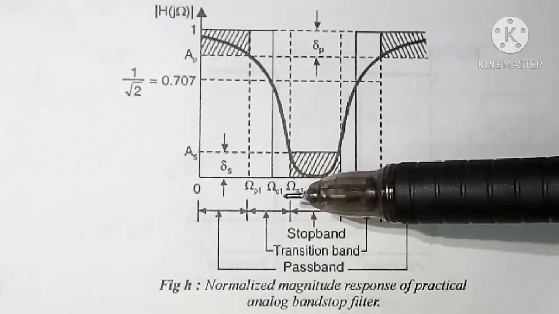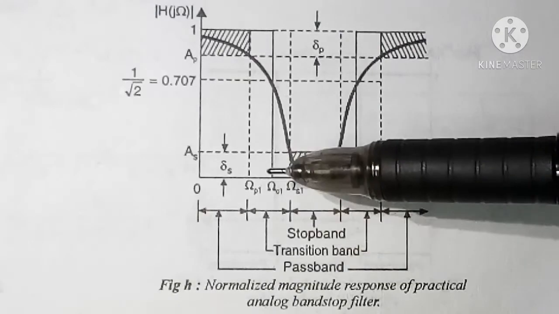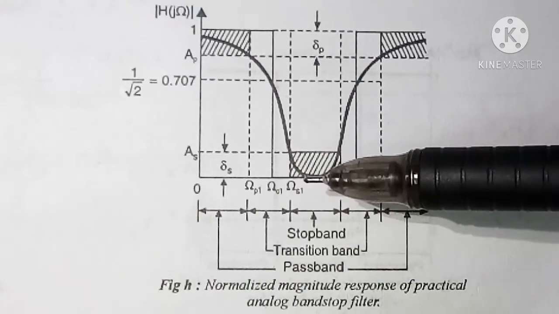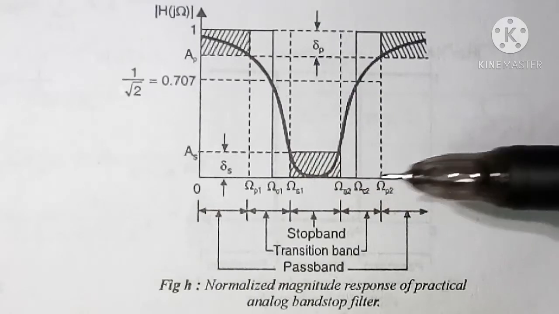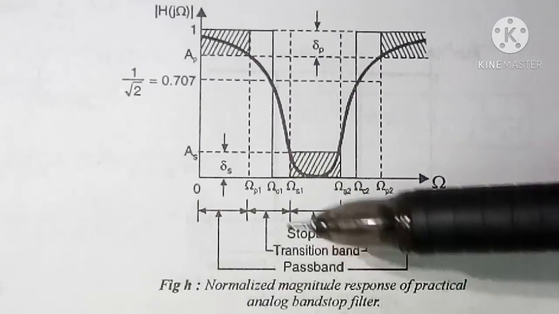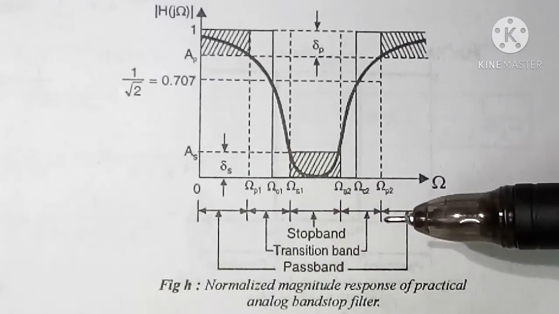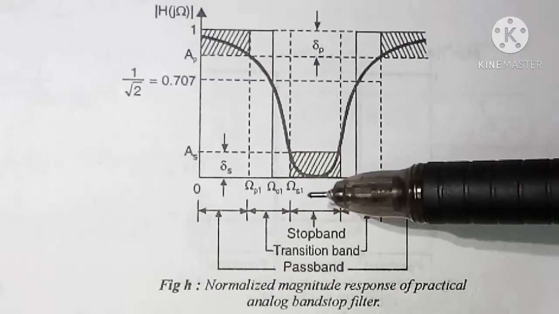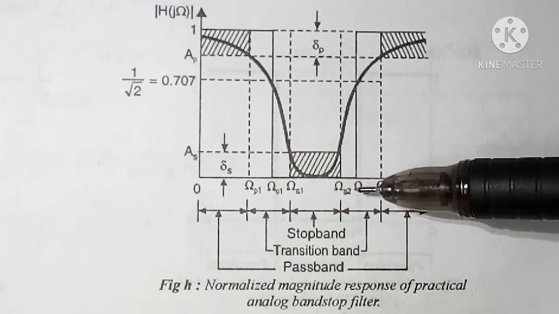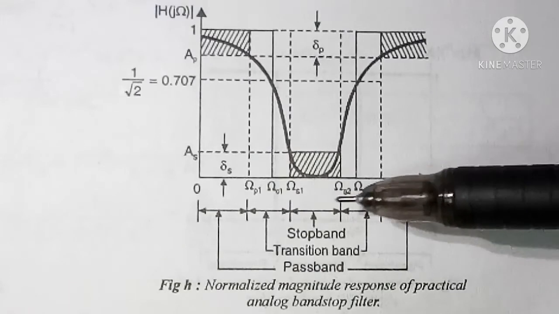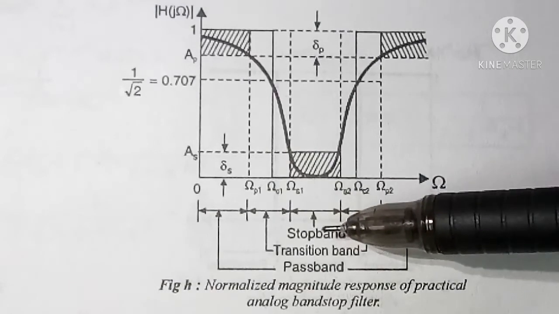The frequency ranges from omega P1 to omega S1 and omega S2 to omega P2 are called as transition band, whereas the frequency range from omega S1 to omega S2 is called as stop band.